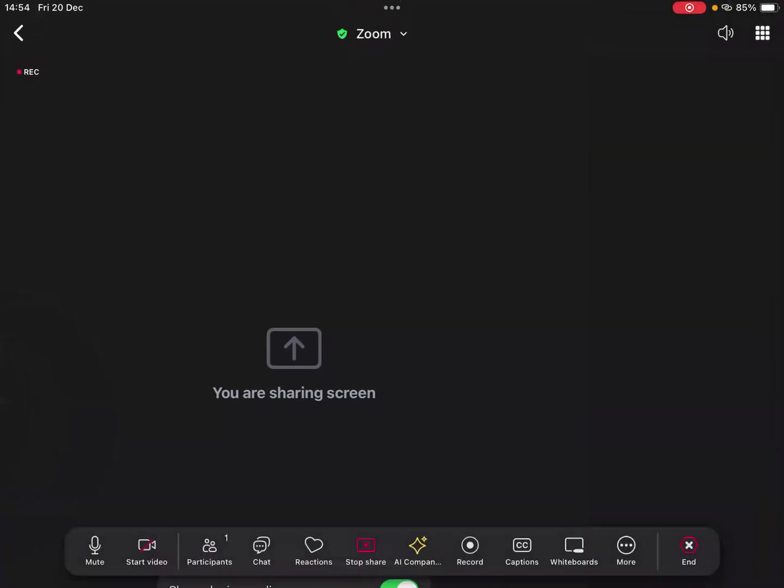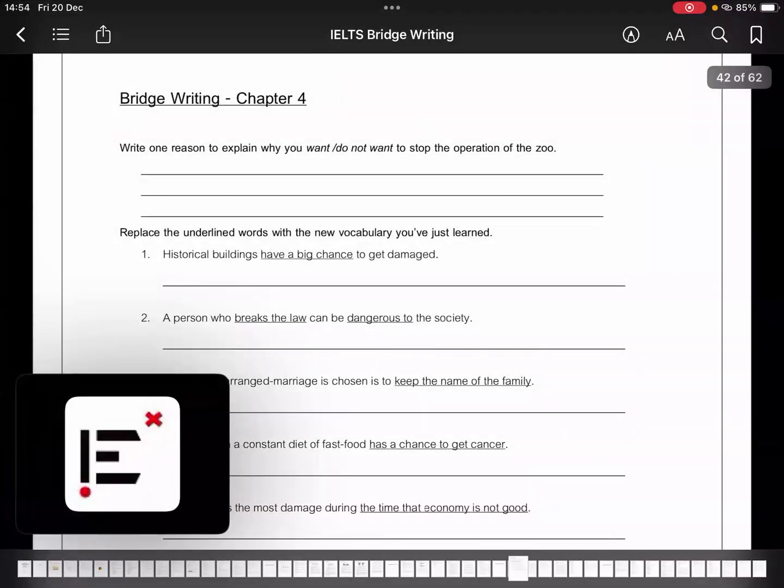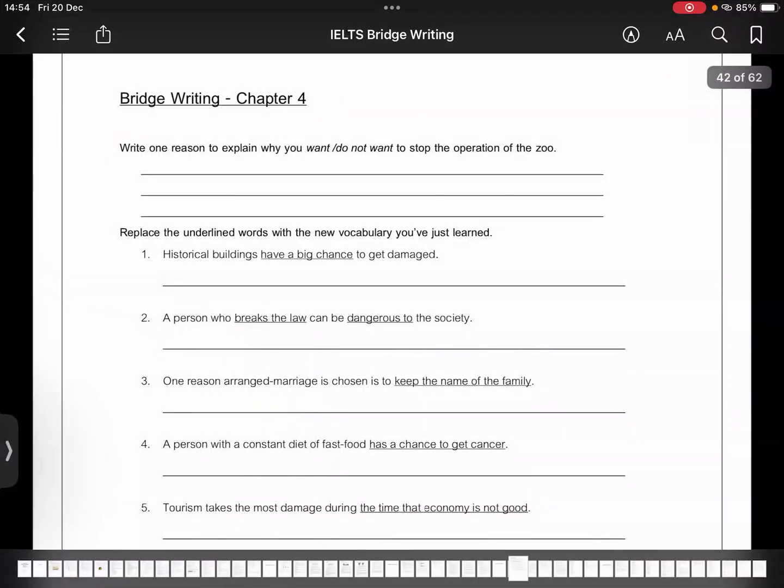Alright, let's get back to our lesson. So let's have a look at this exercise here. It says write one reason to explain why you want or why you do not want to stop the operation of the zoo.